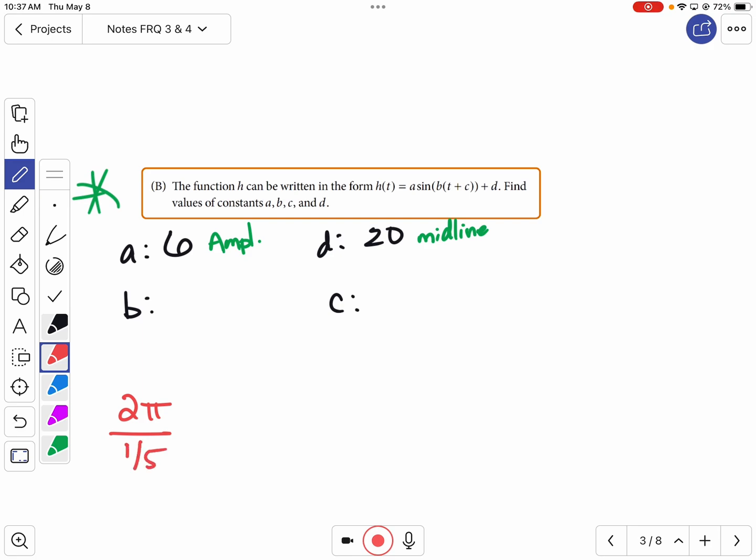I'm just going to say 1/5. That's a little bit easier for me. How would I simplify 2 pi divided by 1/5? Flip it and multiply. And what's 2 pi times 5 over 1? 10 pi. So B would be 10 pi.